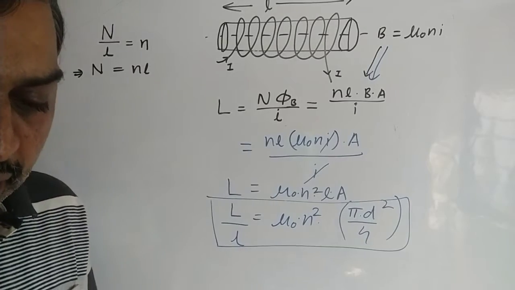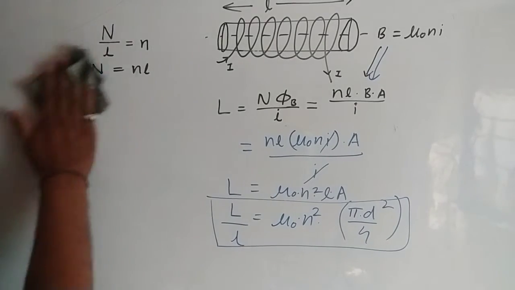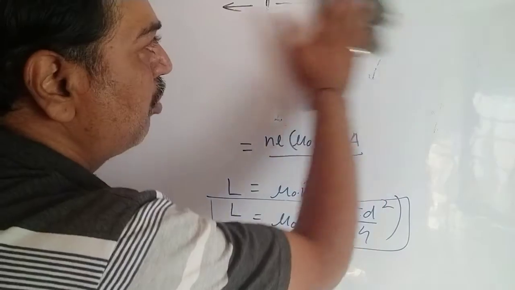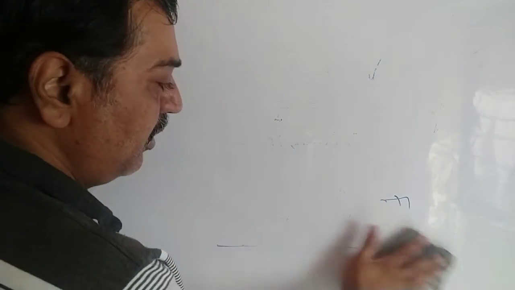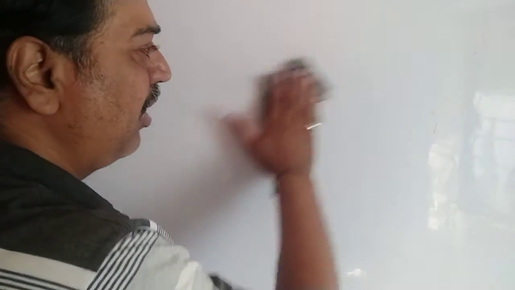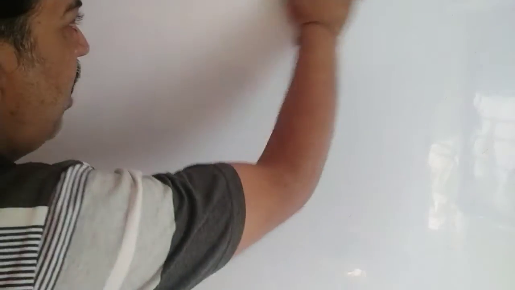Now if there are a large number of inductors connected in a circuit, either in series or in parallel. If you remember, in 11th standard we learned resistors in series and in parallel, and similarly capacitors in series and in parallel.